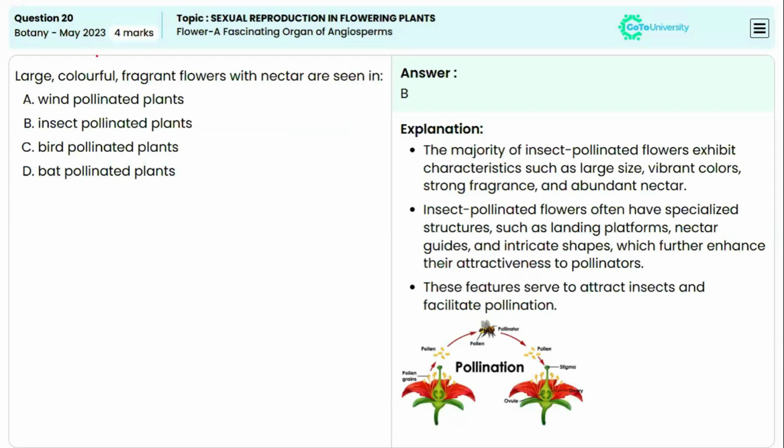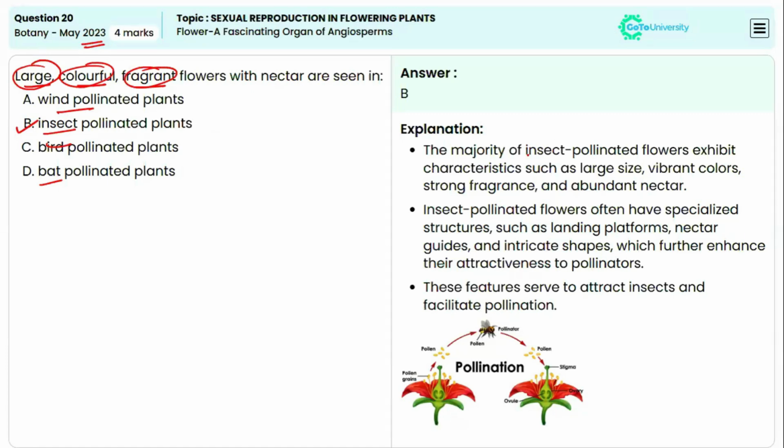Next question. That is question number 20 of Botany, May 2023, which carries 4 marks. And the question is, large, colorful, fragrant flowers with nectar are seen in which among the following plants? In the options, we have wind pollinated, insect pollinated, bird pollinated, and bat pollinated. So here the answer will be option B, insect pollinated, because the large, colorful, fragrant flowers will be attracting the insects.